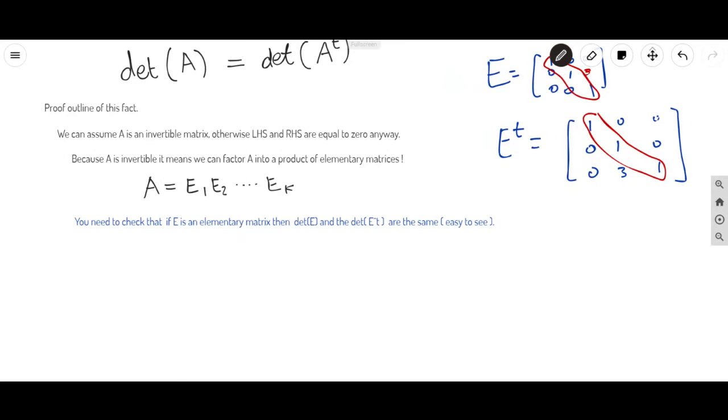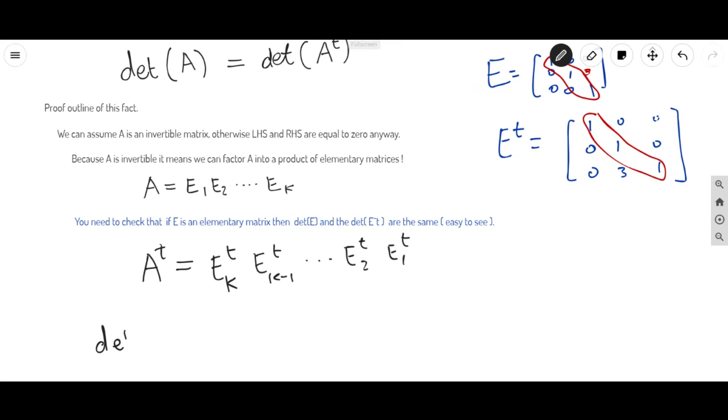So here's the way you prove it. The way the argument goes is, we said that A is equal to a product of elementary matrices, and now take the transpose of A. When you take the transpose of a product, that is the product of the transposes written in reverse order. So it's the transpose of EK, the transpose of EK minus 1, and so on down to E2 transpose, E1 transpose.